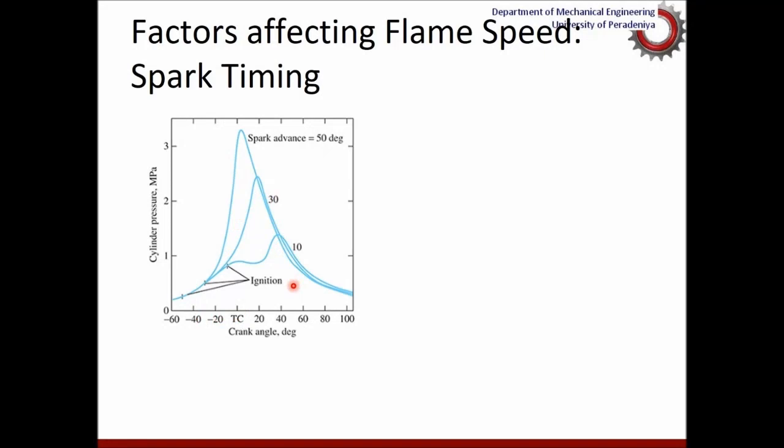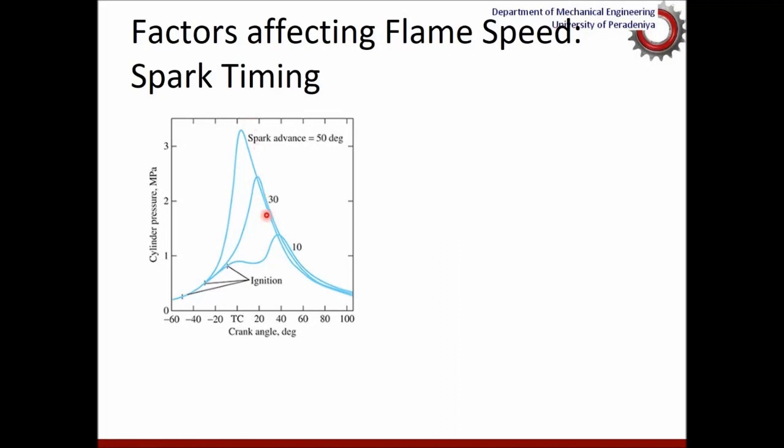As you can see here, the pressure development within the engine is drastically affected by the ignition time. So in this case, 50 degrees gives you the best performance, where your pressure is maximum, very large. Accordingly, the area under the PV diagram will be large, so that you produce more work.